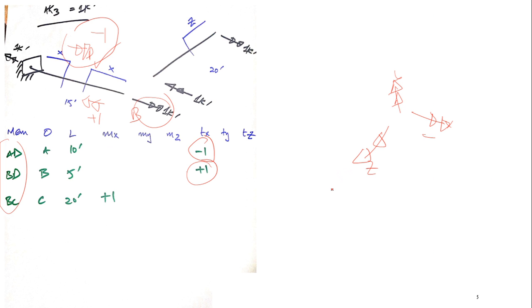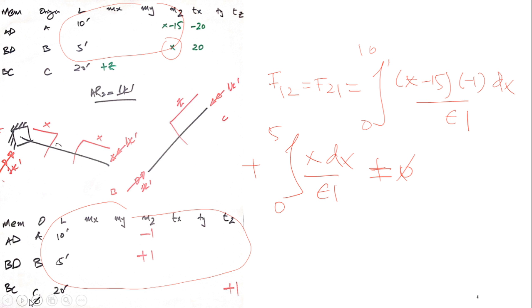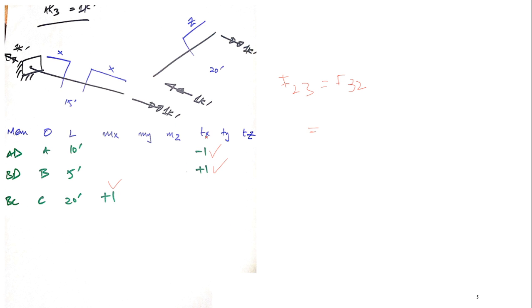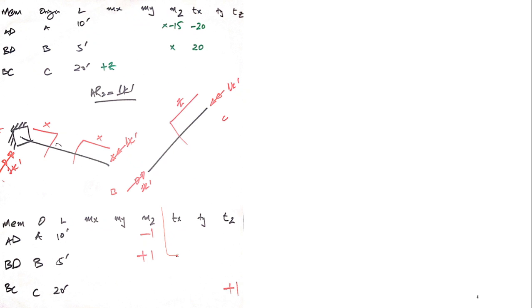So should I do F13 or something? Okay, I'll do it for you. It's very easy. Let me do F23, which would be equal to F32. I have to multiply the corresponding values if there exist any. I see that here I have values for Tx and here I have no values.